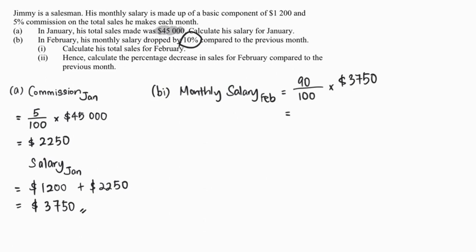This will give me a value of 3,375, out of which 1,200 is the basic component. So the commission for February then will be the following.